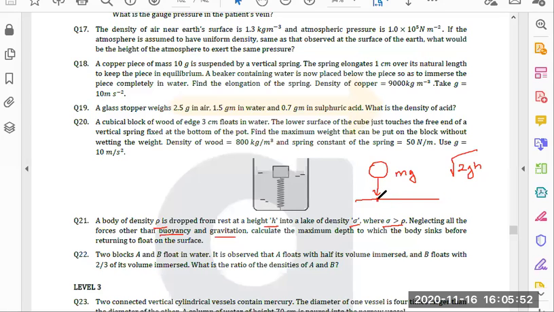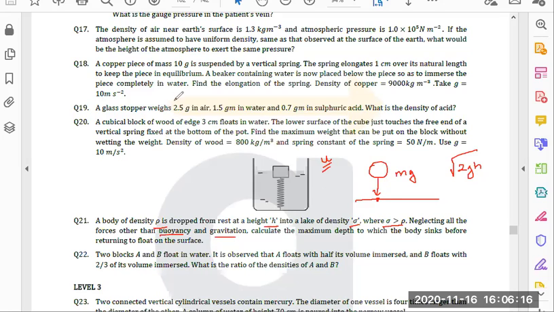So that is the initial velocity. Because of the velocity, it will go down unless and until the velocity becomes zero. So first we have to calculate what?